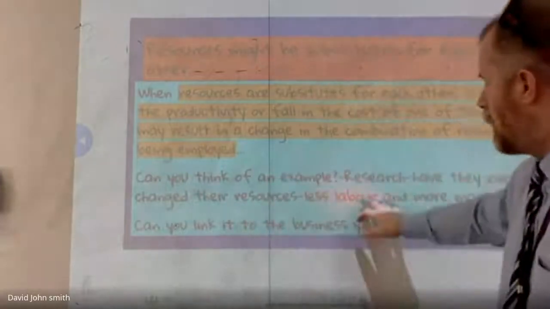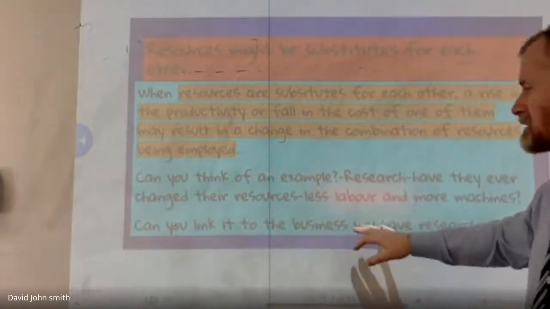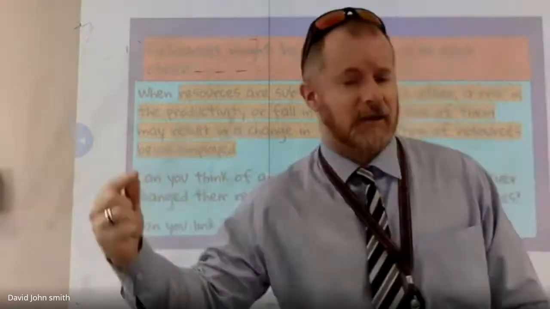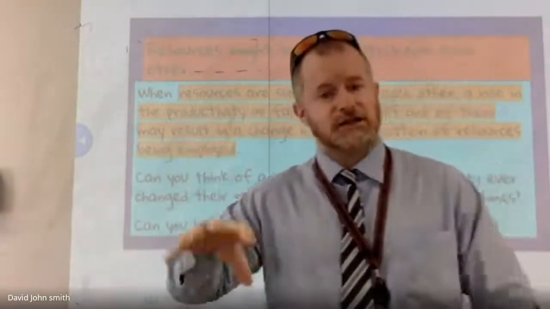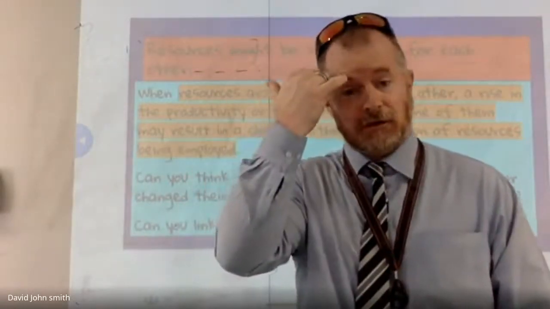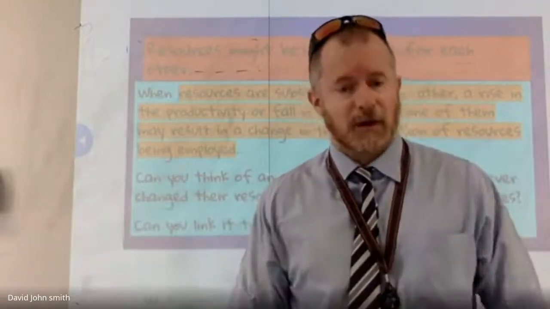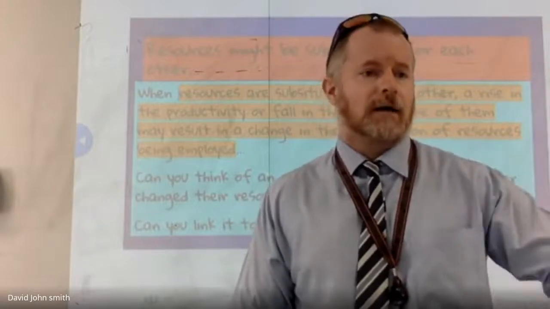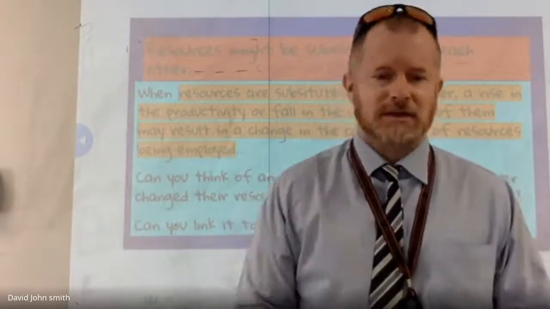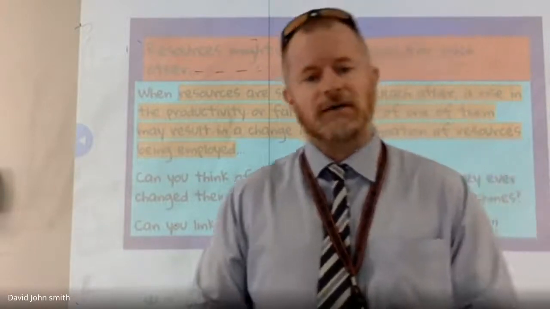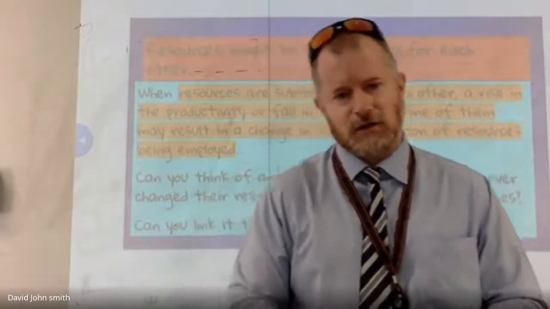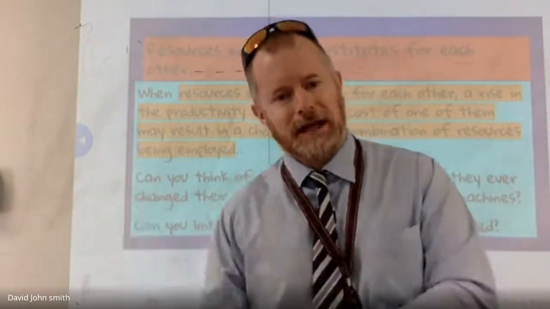Now, if we think about this, are there businesses that actually have done this, that have actually changed their production process? There are a few that were 100% labor-based, possibly, and now are more capital-based. So those businesses that you are thinking about, that you have in your case studies that you're developing, how capital intensive are they?